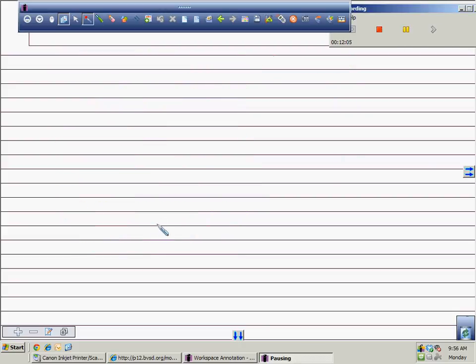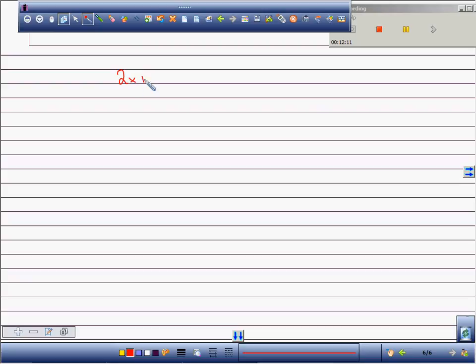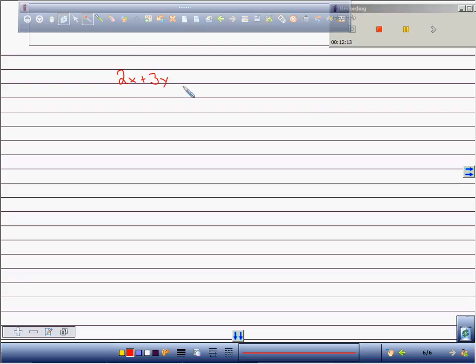So the next example I'm going to give you, 2x plus 3y equals 7. And then I have 3x minus 2y equals 4. Okay? Now here's the problem.